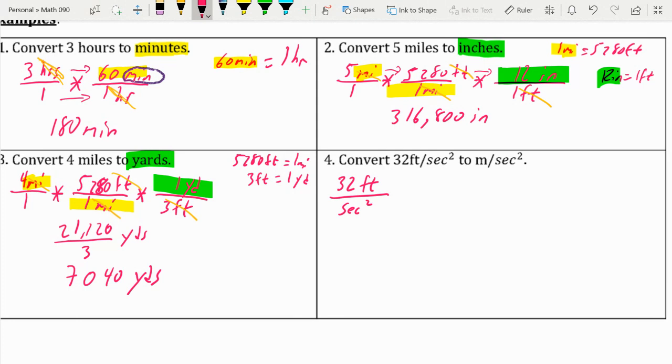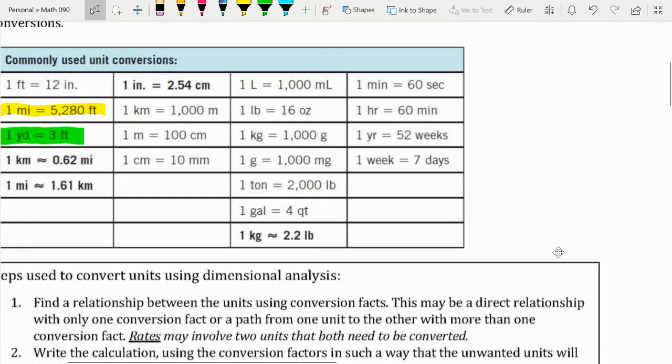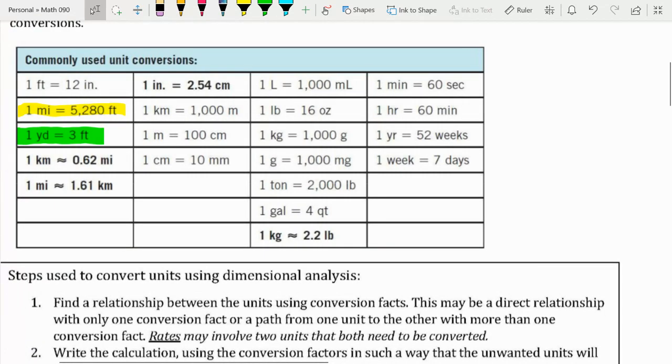All right. So let's look. We're going from feet to meters. Let me erase. So feet to meters. That's all I have to worry about. Well, I see feet to inches.